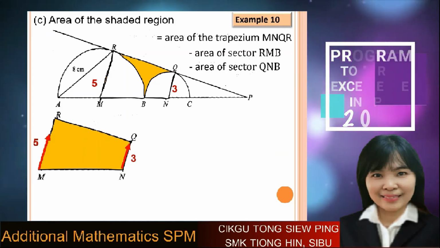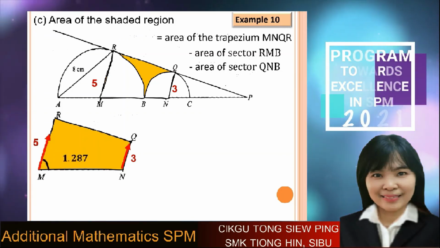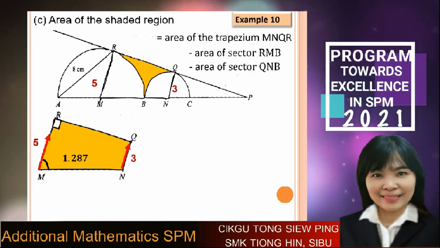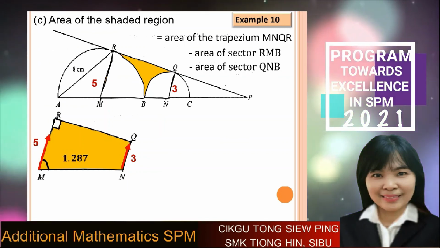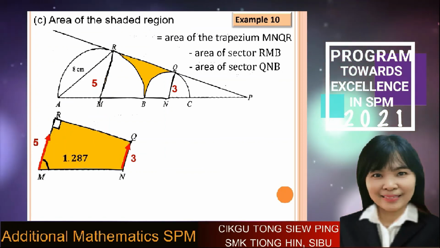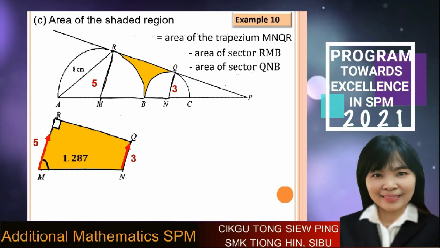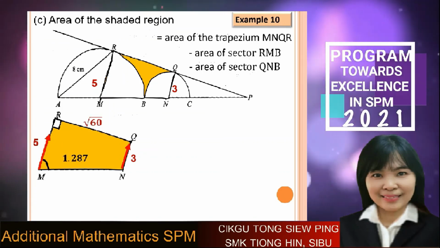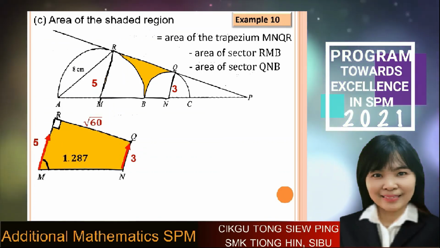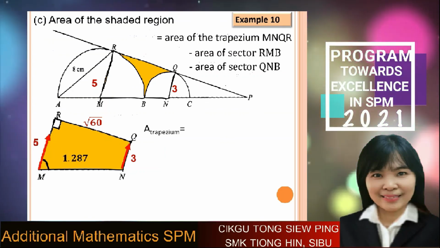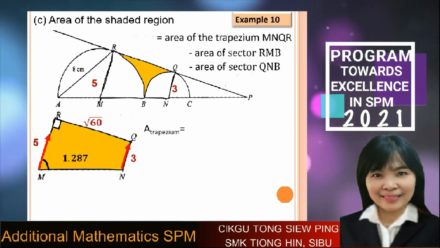The angle RMN is 1.287 radian, and the angle MRQ is 90 degrees. And the height of this trapezium is RQ, that is the square root of 60, which we have found from the previous part B. Now we can use the formula of the trapezium to find the area.